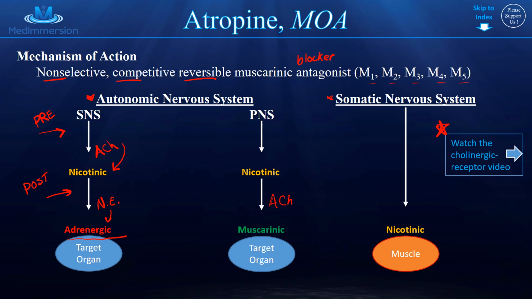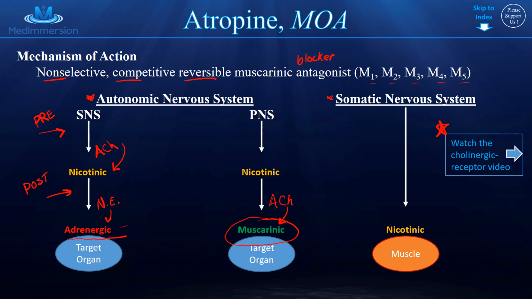So adrenergic neurotransmitters work here, and acetylcholine works in all these other places. But because atropine blocks the muscarinic receptors, we don't really have any effect on the nicotinic receptors or any of these other systems, just on the target organs of the parasympathetic nervous system.